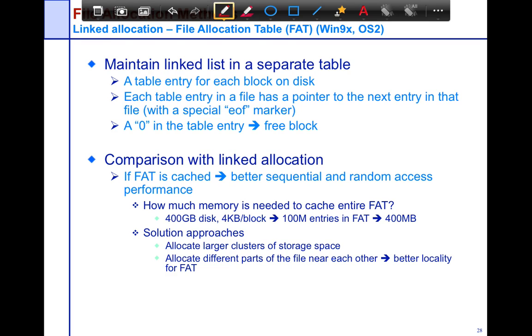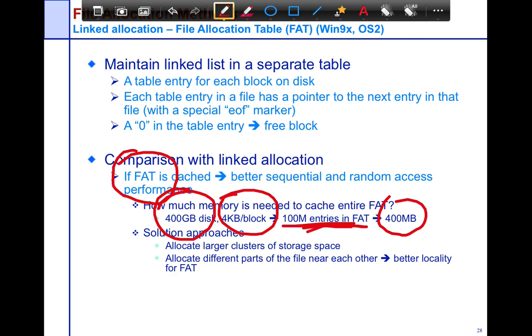If you think about how much memory is needed for this table of pointers, which needs to be in memory, it's quite significant, and that is the big challenge with this system. If you have 400 gigabytes of disk and 4 kilobytes per block, that's 100 million blocks. So the FAT needs to have 100 million entries, and if each one is a pointer, this corresponds to approximately 400 megs.